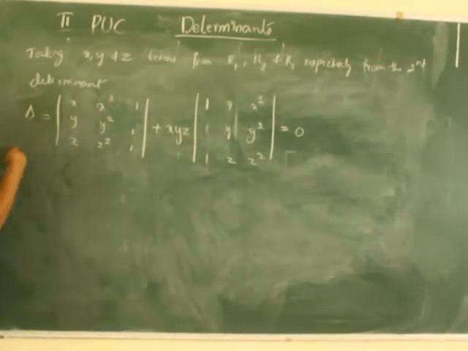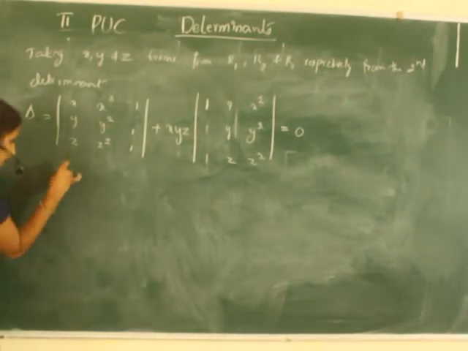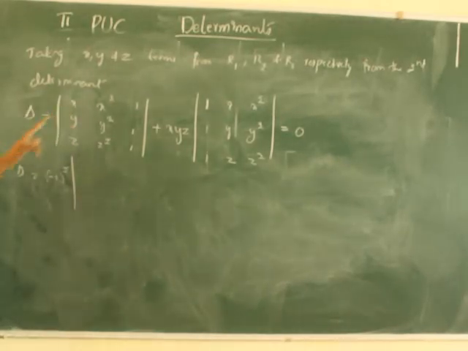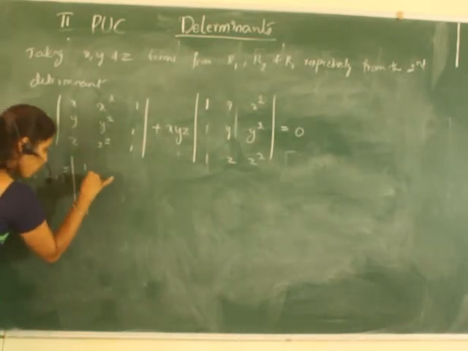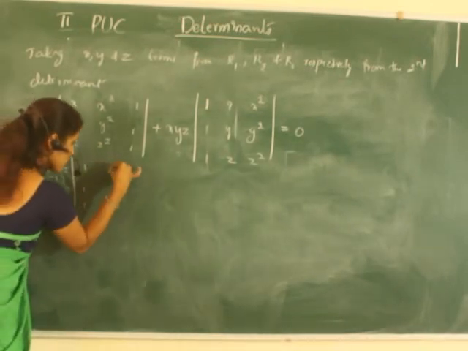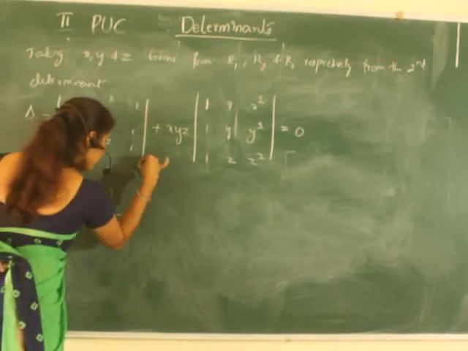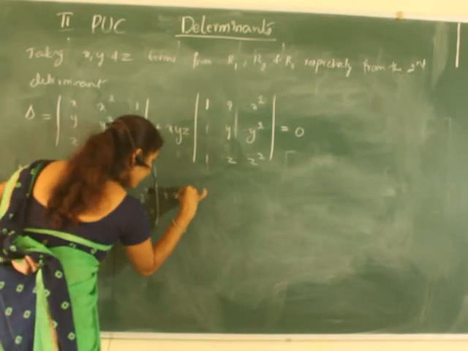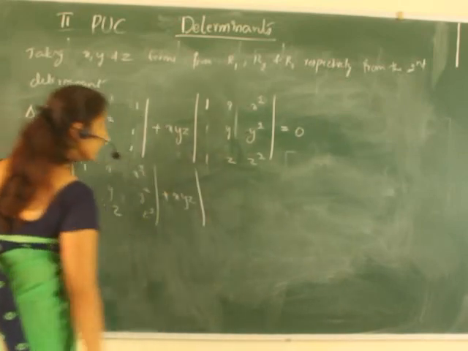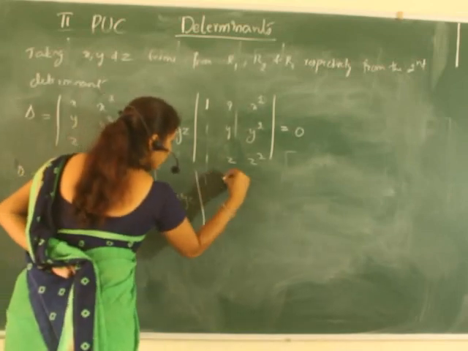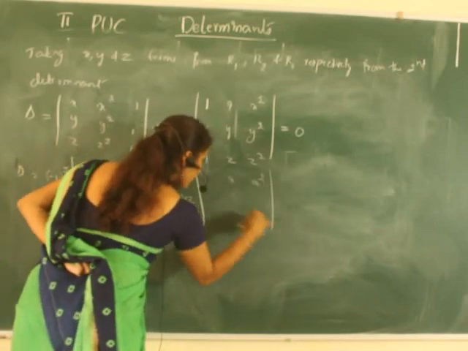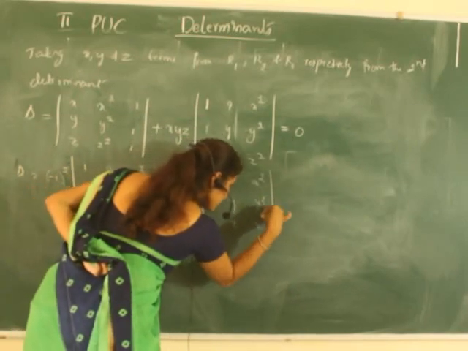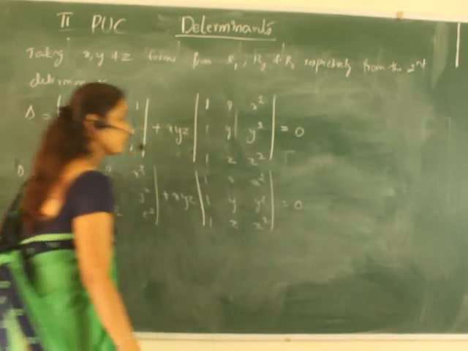So delta can be written as minus 1 to the power 2 times the determinant 1, 1, 1; x, y, z; x square, y square, z square, plus xyz times the determinant 1, x, x square; 1, y, y square; 1, z, z square, equal to 0.